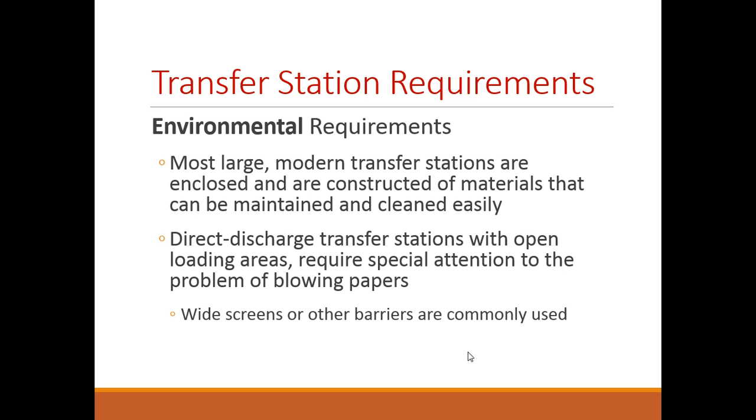So some of the ways that you can deal with this is you may install wind screens on the peripheries of the facility, or make sure that you have other types of barriers such as trees, etc. Okay, so environmental concerns with regards to the containment of the waste and the management of the waste, this is very important.